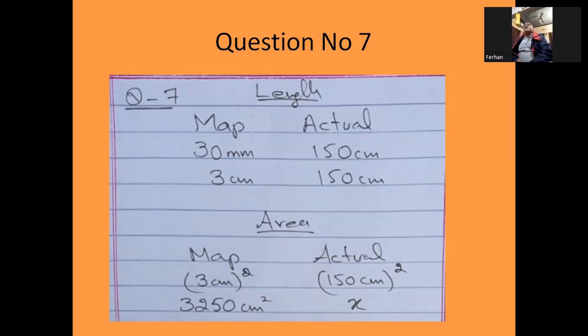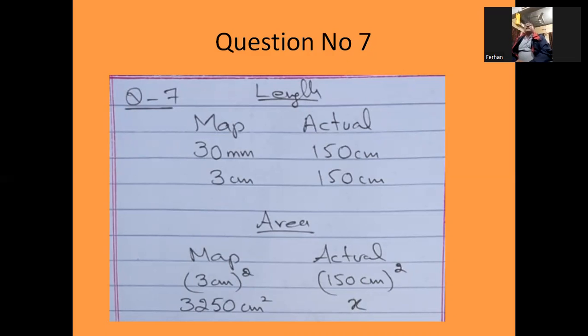So the scale for the area will be the length scale, you square both sides, then it becomes the scale for the area. So if you want to write it for the area, it will be 3 centimeters square, and the original will be 150 centimeters square.